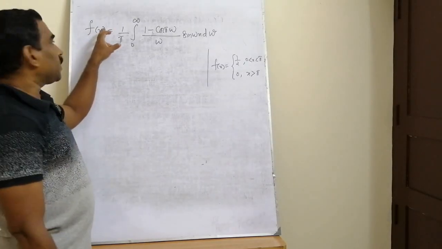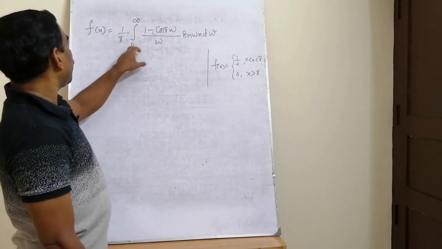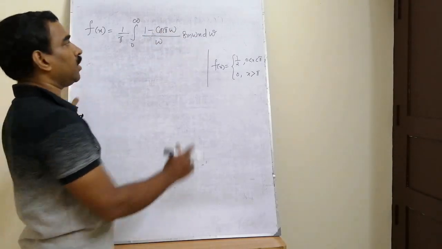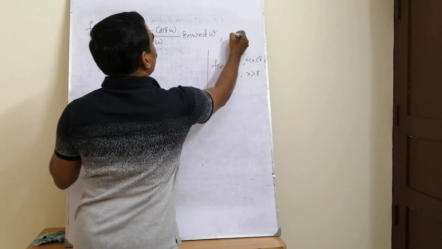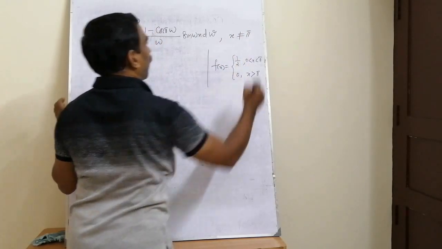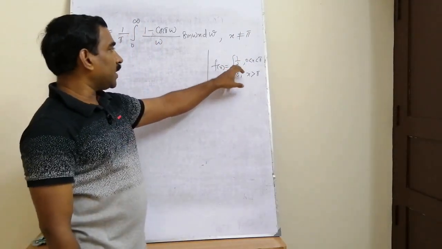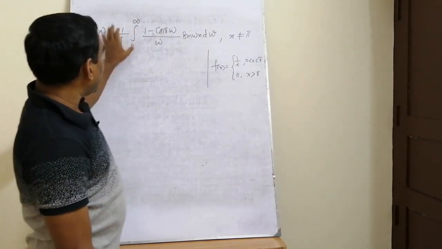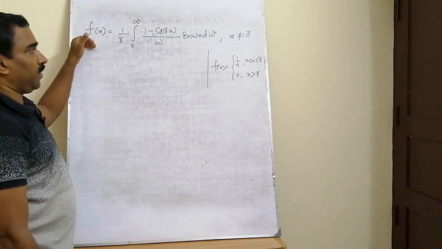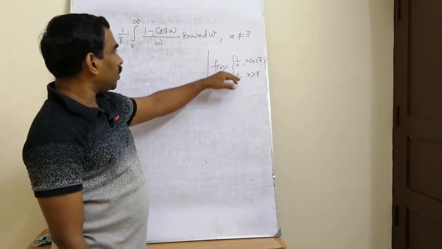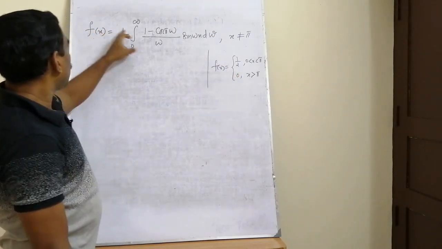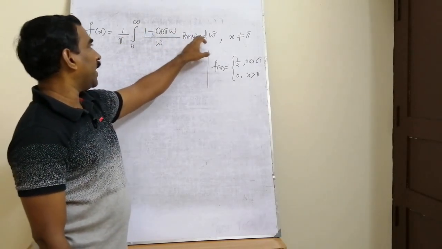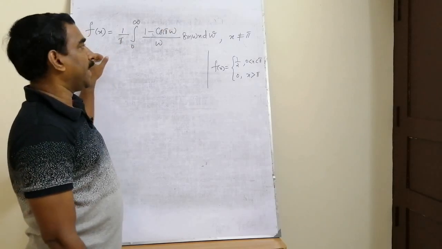That is the Fourier integral representation. f(x) is equal to 1 by pi integral 0 to infinity (1 minus cos pi omega) by omega sin omega x d omega, and this expression is valid for x not equal to pi, because x equal to pi is a discontinuity point. At all continuity points the right hand side Fourier integral converges to f(x), but in our question we are required to evaluate integral 0 to infinity (1 minus cos pi omega) by omega sin omega x d omega except for x equal to pi.